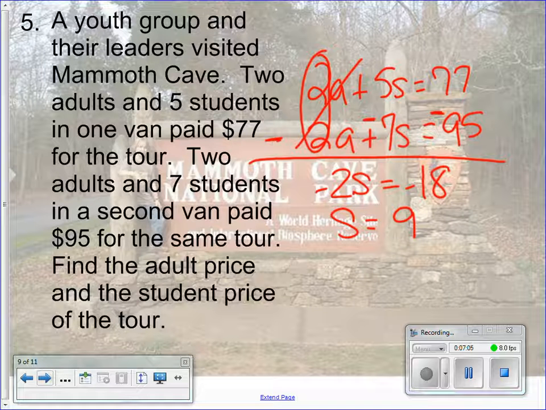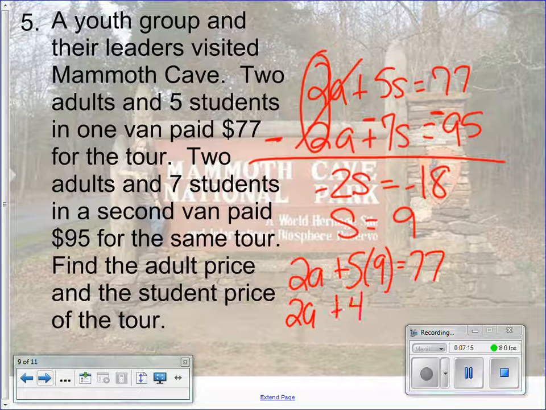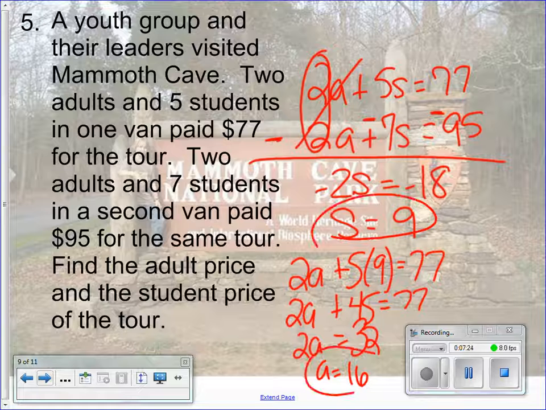I'll substitute: 2a plus 5 times 9 equals 77. So 2a plus 45 equals 77. 2a equals 32, so a is equal to 16. So there's my student price, and there's my adult price.